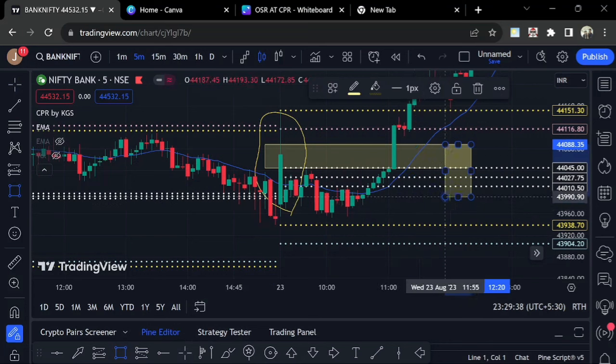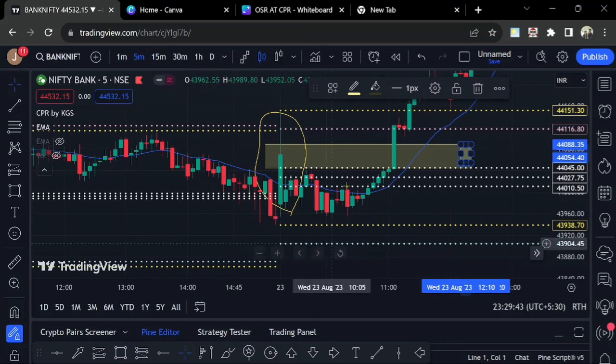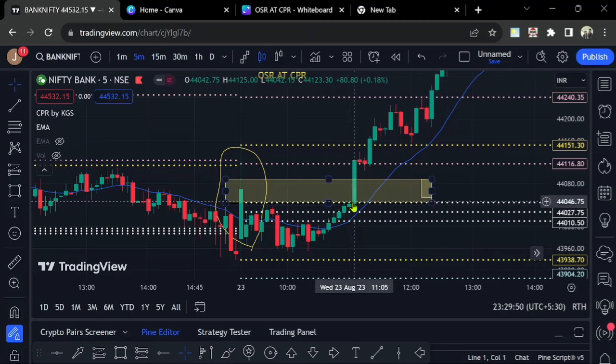I already told you this. When all the stop losses get hit in this area, it gives a very big and powerful candle.